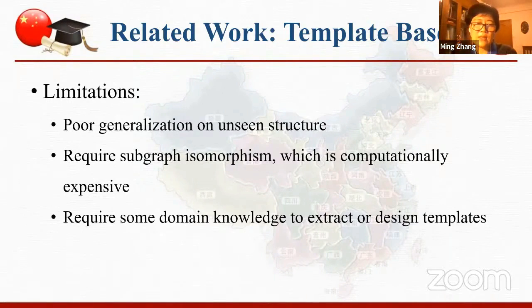And then it requires some domain knowledge to extract or design templates. So we need a lot of experts to extract or design templates for us. This is also very expensive.